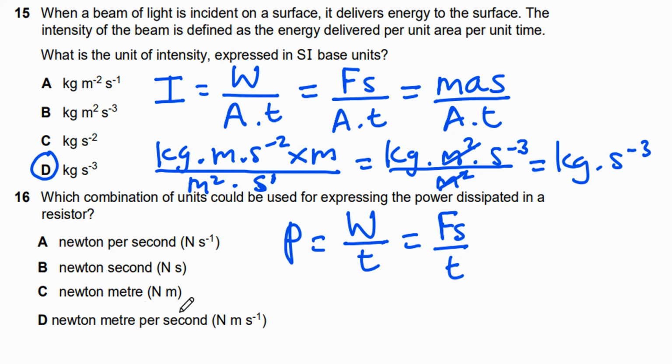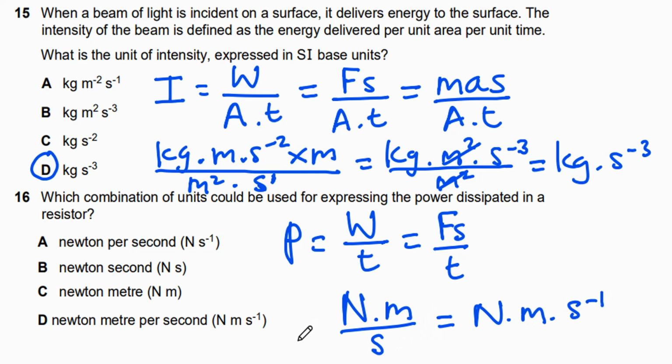So we can bring in the SI units. We know force is in newtons. Of course, the Newton is a derived unit. Then the SI base unit for displacement s is the meter, and for time t, it's the second. We can bring the s to the top, and it becomes s to the negative 1. So then, of course, D will be the answer.